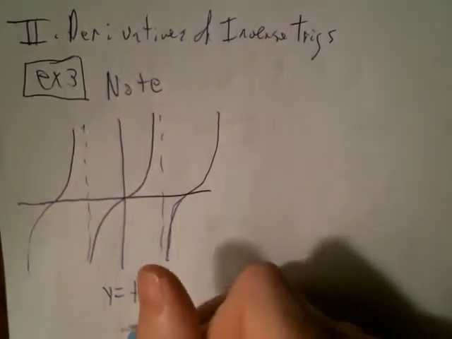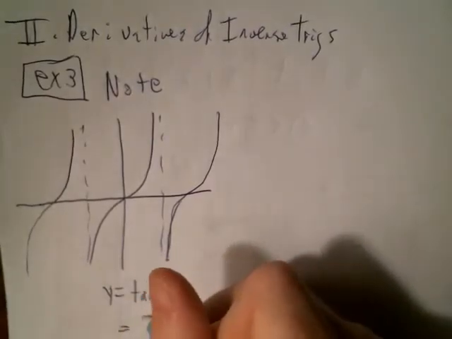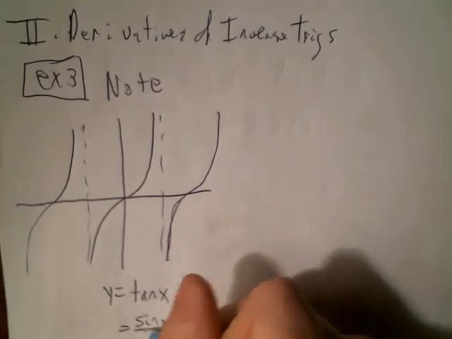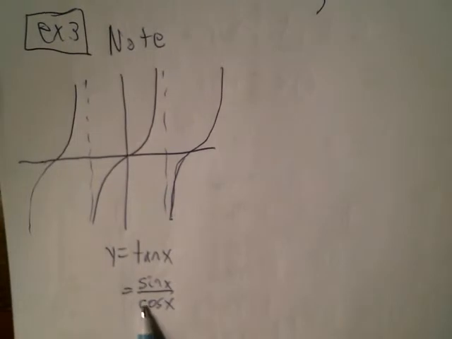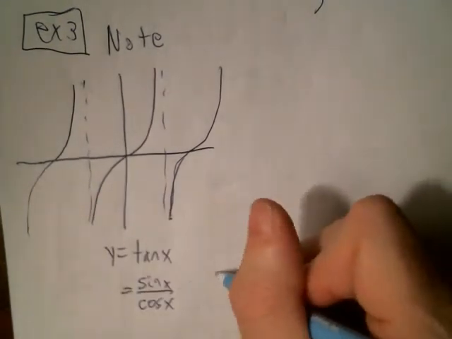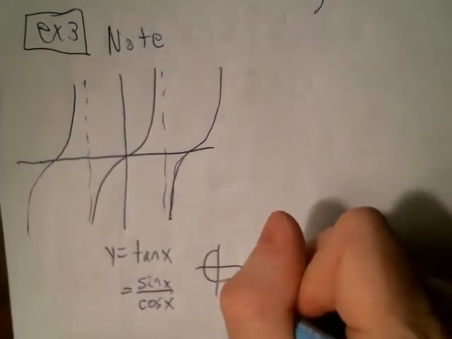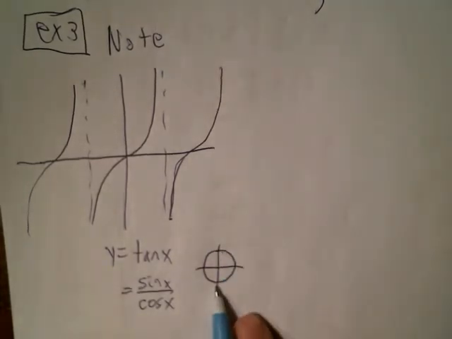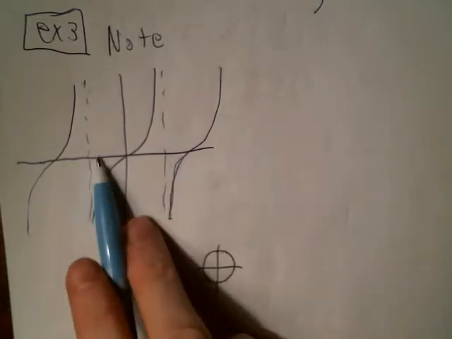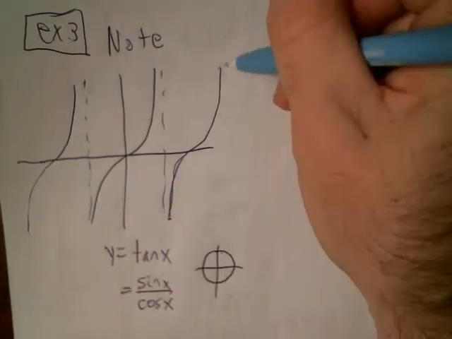The asymptotes happen whenever cosine equals 0, because tan of x is really just sine of x all over cosine of x. Thinking of the unit circle, cosine is 0 at pi over 2, 3 pi over 2, 5 pi over 2, 7 pi over 2. You're going to see these asymptotes popping up at those places.